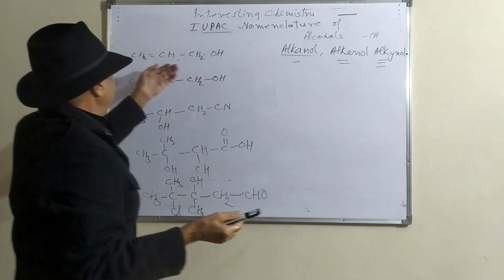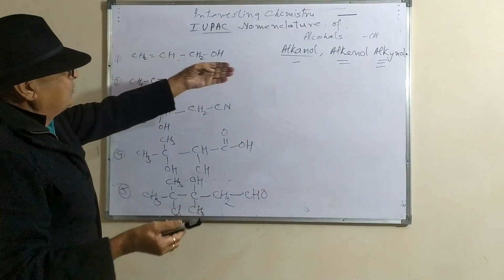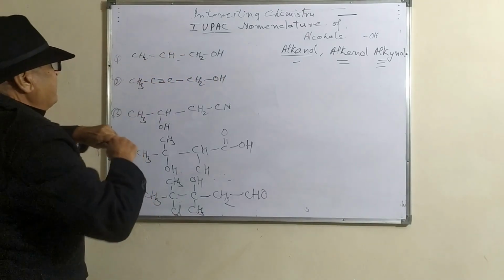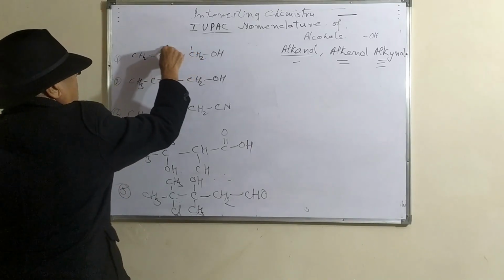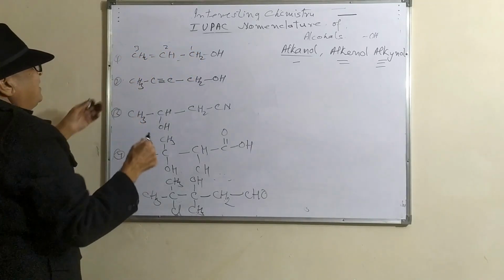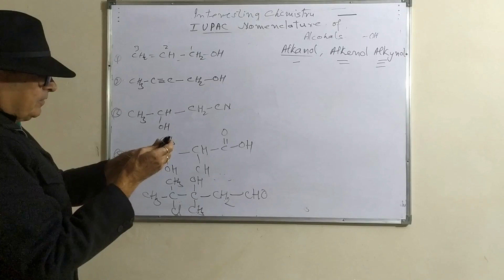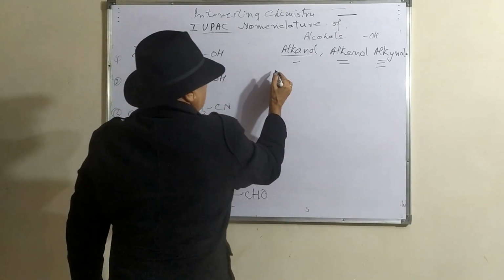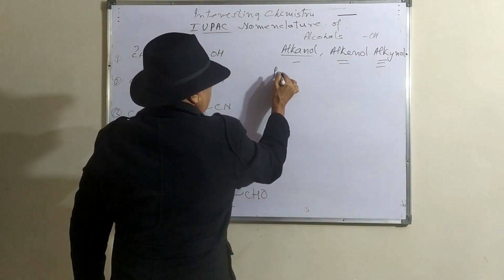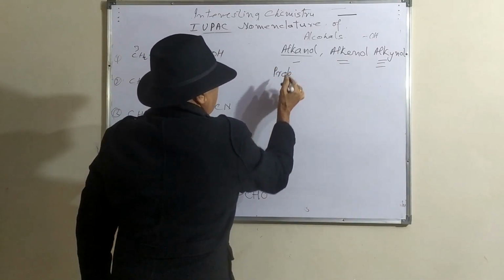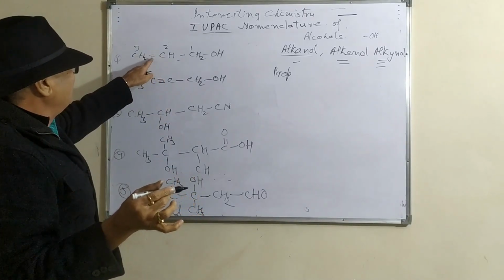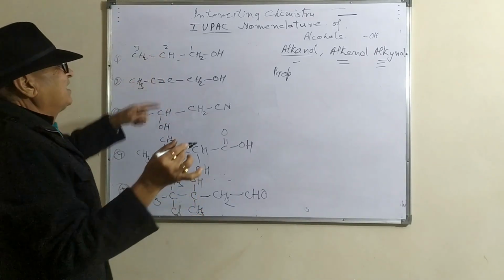So here this is an alkenol. There is one double bond here. Here are 1, 2, 3, so there are 3 carbon atoms. So the name of the compound will be propanol, but here the double bond is on the second carbon.